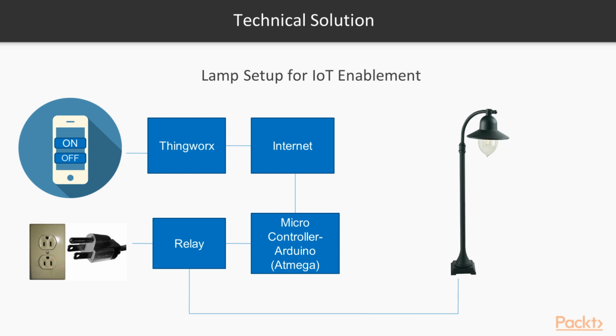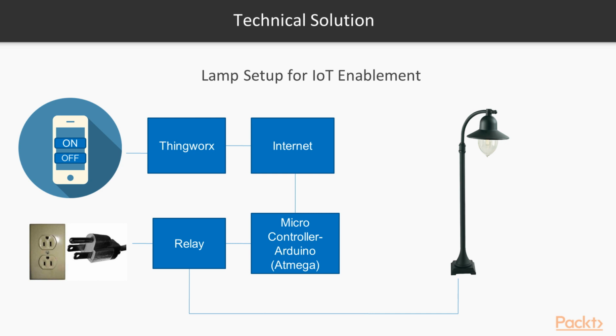Now the first thing is you need a relay. Now this is going to be acting as a bridge between your lamp and your power cord, eventually your power supply. Now relay does a couple of things. Relay is connected to the power cord, it is connected to the lamp and another connection goes to the microcontroller.